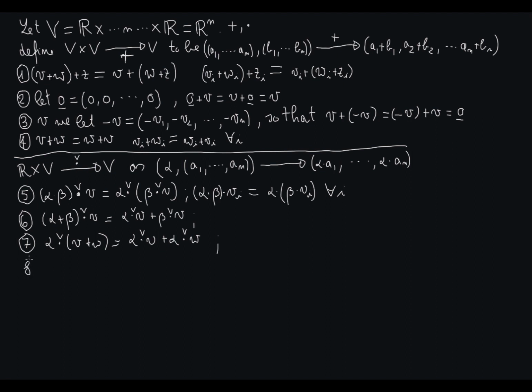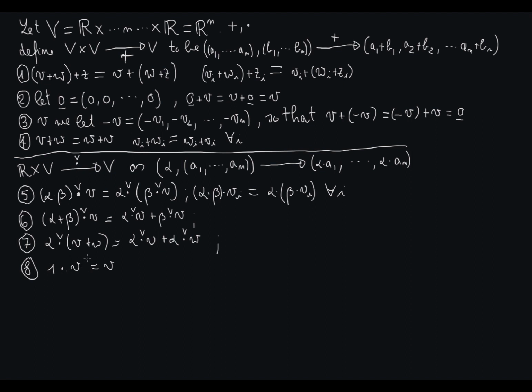Last property, number 8: is it true that if you multiply on the left any n-tuple in V by the real number 1, we will get just again the same n-tuple? So is it true that 1 times v is going to be equal to v?